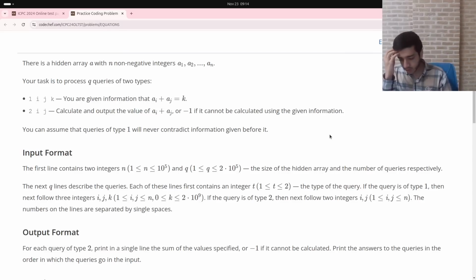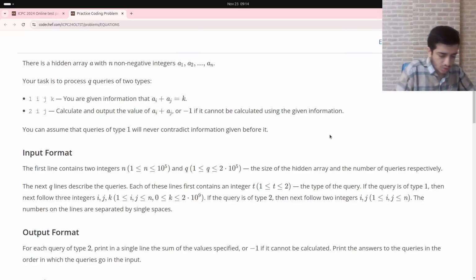We put an edge between I and J with weight K, which means that we know that AI plus AJ is K. Okay, I think I have an idea. I'm not 100% sure, but we can try it.